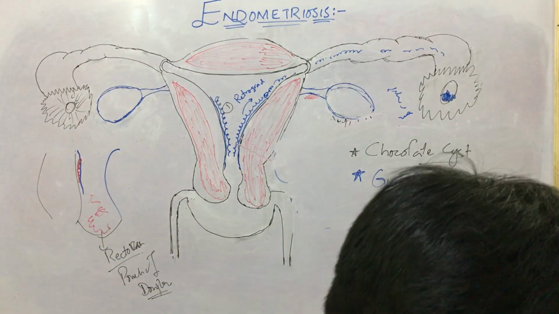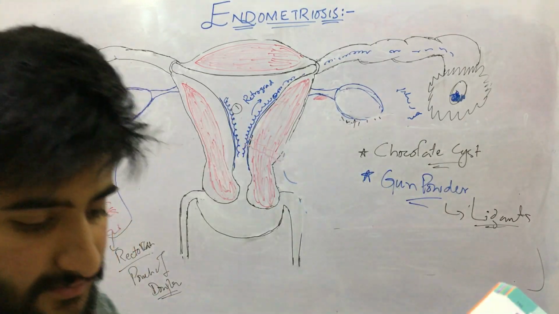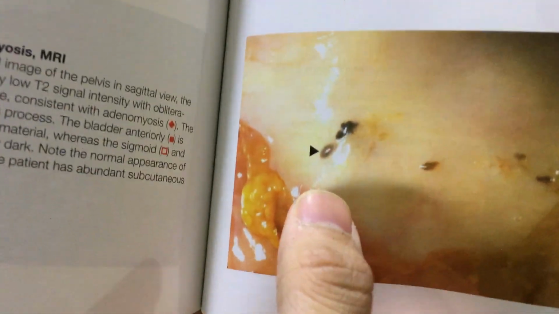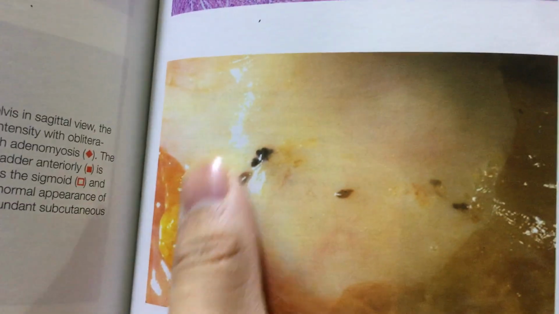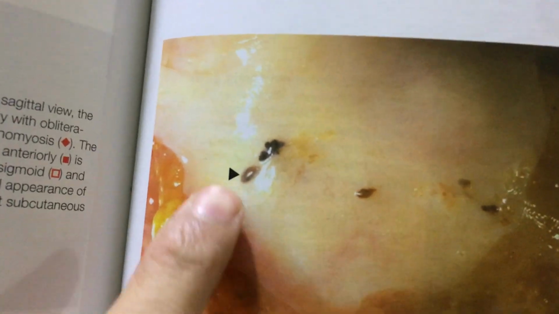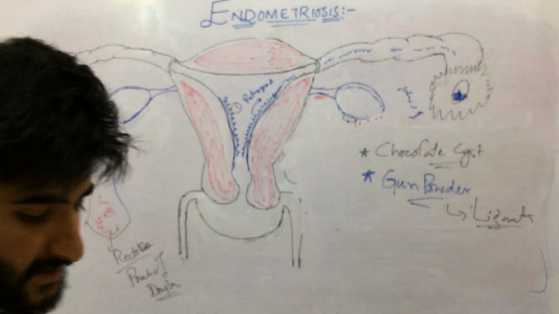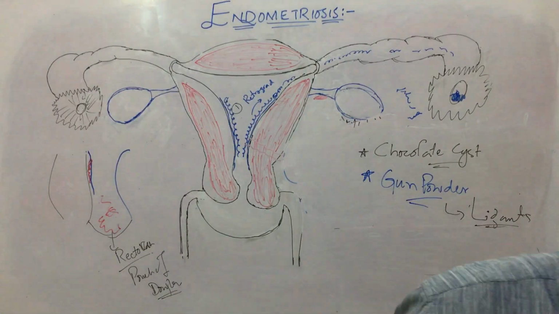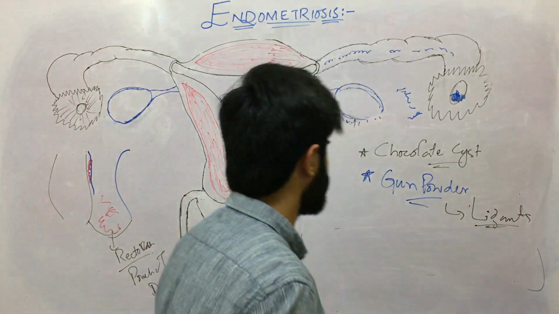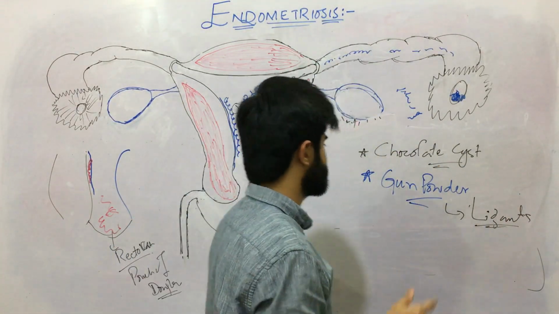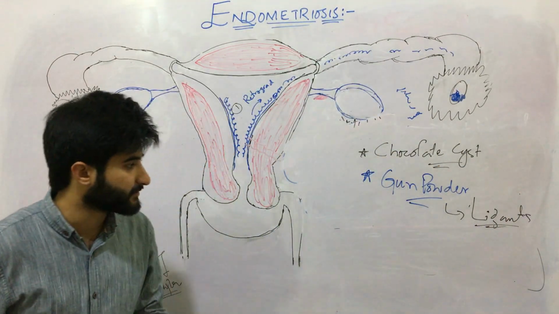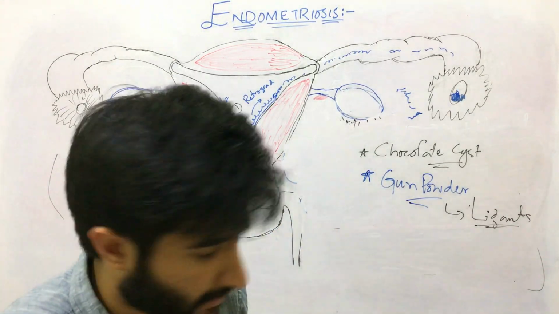I will show you this in a diagram. You can see that this endometriosis is present over the uterine ligaments, and it looks like gunpowder. So there are two morphological features of endometriosis that are visible grossly. The first one is the chocolate cyst appearance, and the second is the gunpowder appearance.